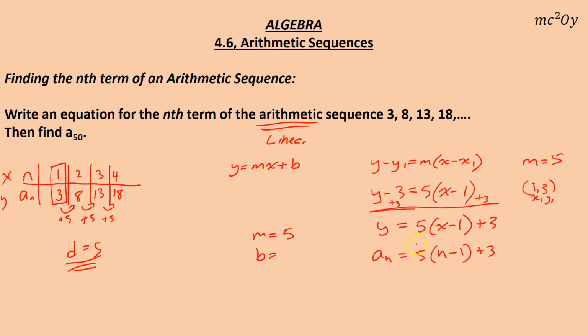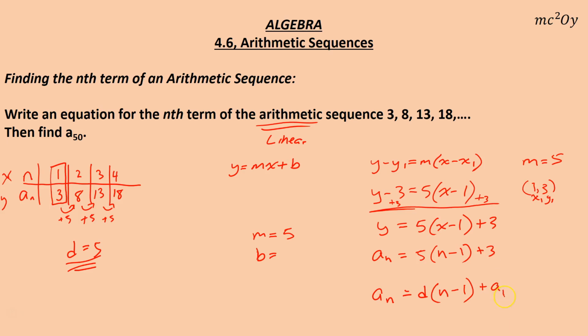So I'm going to write my general form here. A sub n equals 5, which was d, times n minus 1. And what was the 3? Well, the 3 actually was a sub 1, our first term.